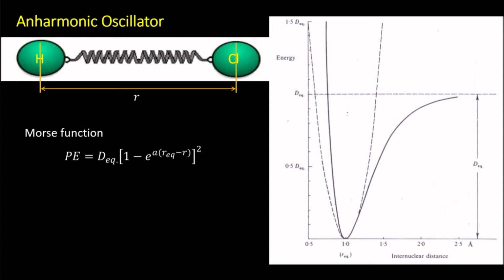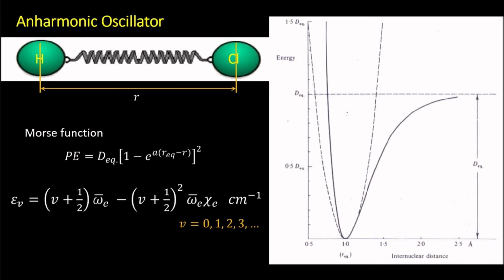If we use this potential energy function in place of half k (r minus r equilibrium) squared in the Schrodinger equation, then the allowed vibrational energy levels become (v plus half) omega e bar minus (v plus half) squared omega e bar xe. Here xe is called the anharmonicity constant, which is a small positive quantity for stretching vibrations.